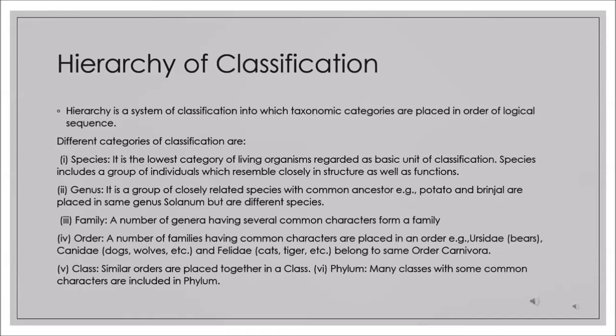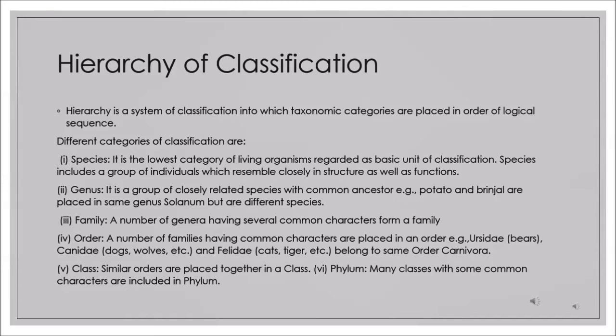And the second one is genus. Genus means a group of closely related species with common ancestors. So in a genus, they put similar species that may be related. For example, we can take the hibiscus flower itself. In that, we have color variation.